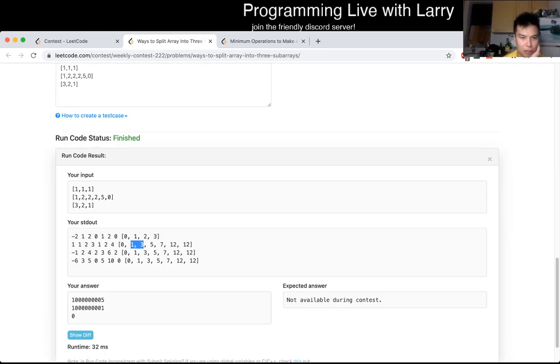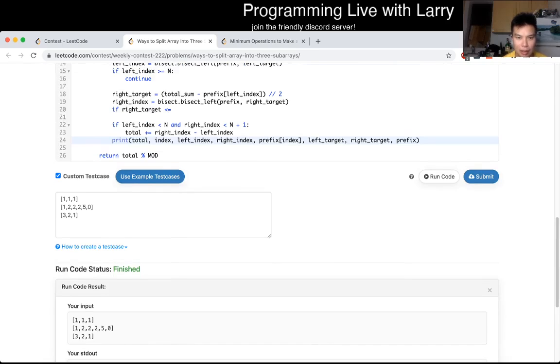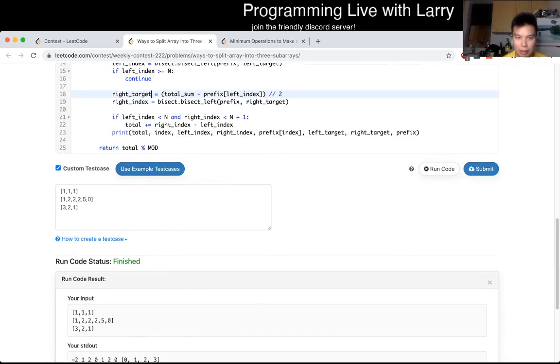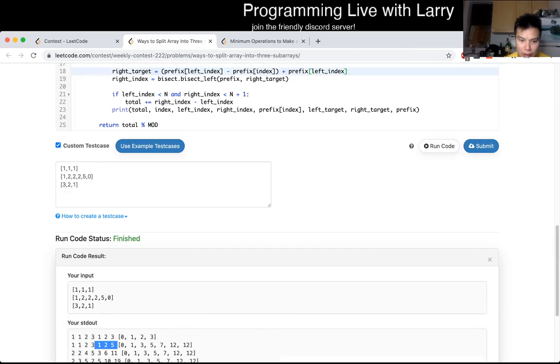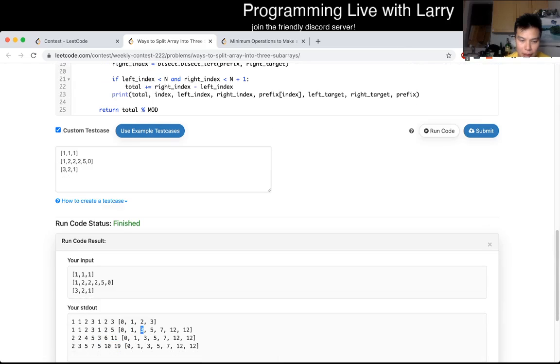So we want something that's actually... I thought I did this though, but maybe it's just wrong for another reason. Minus prefix of index. Right. So we want this plus prefix. Okay, that's why we get to 5, because we have 3 plus another 2, which is 5.